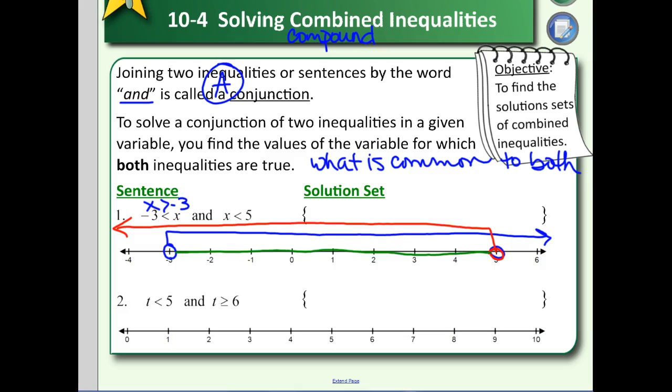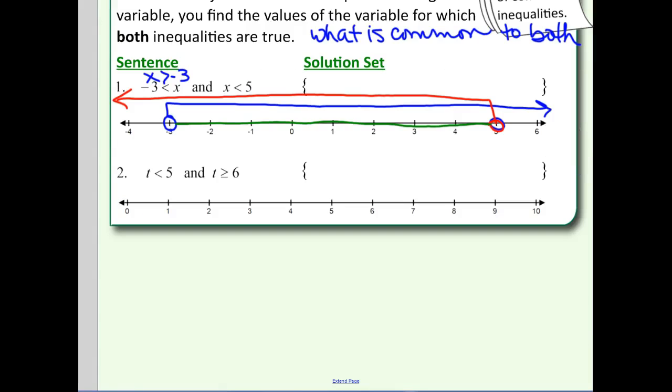Now, I want us to look especially at problem number 2 here. We need to graph t is less than 5. If t is less than 5, we're going to put an open dot at 5. And remember, my inequality is the tip of my arrow, so it's going that way.